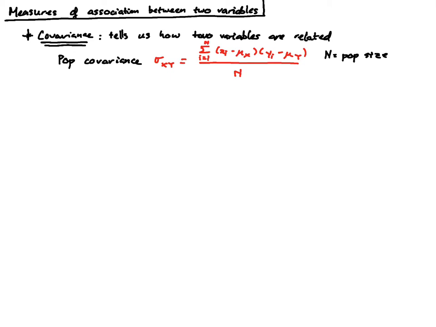And we have mu x being the population mean for the variable x, and then mu y being the population mean for the variable y.